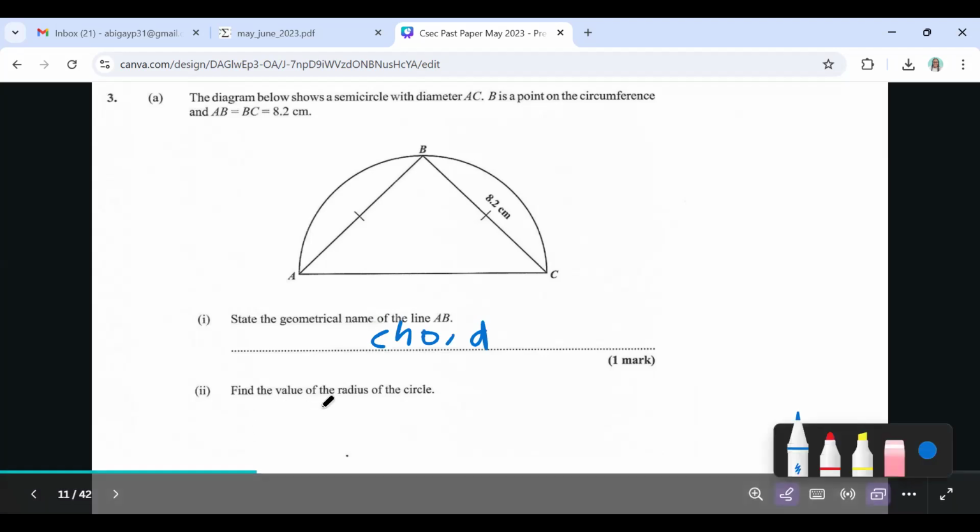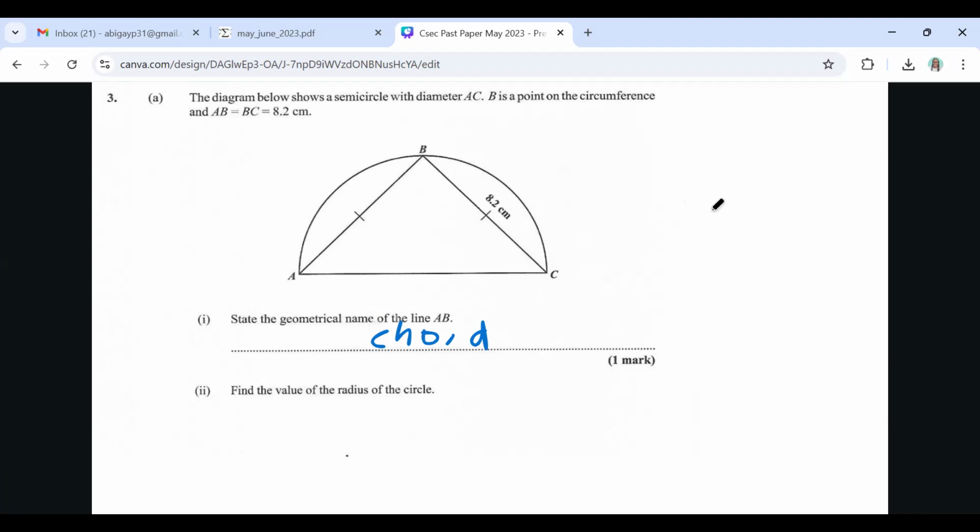And then it says find the value of the radius of the circle. So we are given the diameter. And then this looks like an isosceles triangle, so this is going to equal 8.2. And we know that right here is the diameter. So I'm going to chop this in half. So right here to here is the radius.